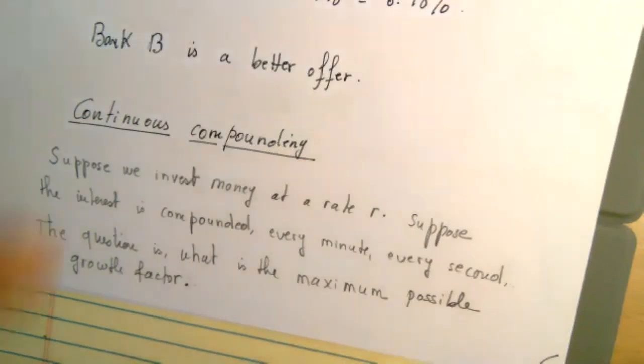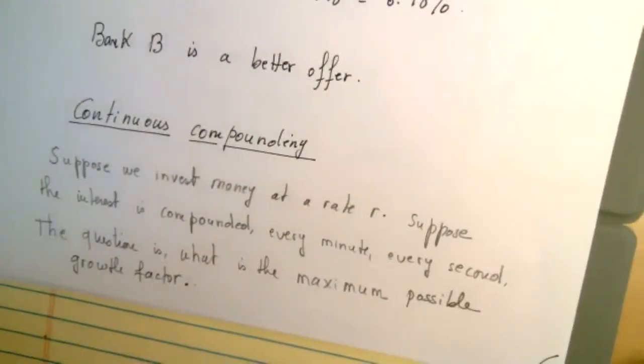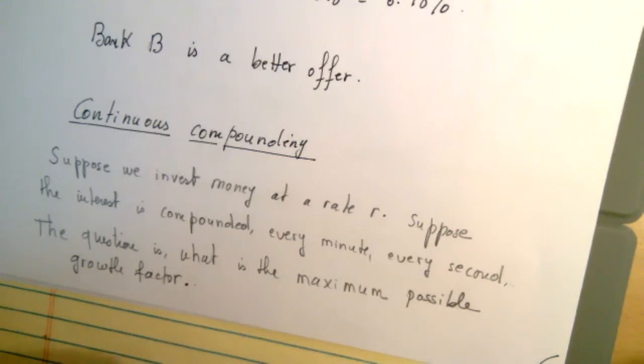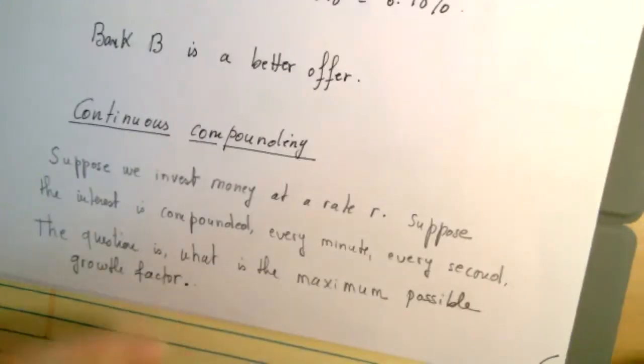It means the growth factor each time and the effective rate are actually getting higher and higher. The question is, what's the maximum possible growth factor or the maximum possible effective rate?